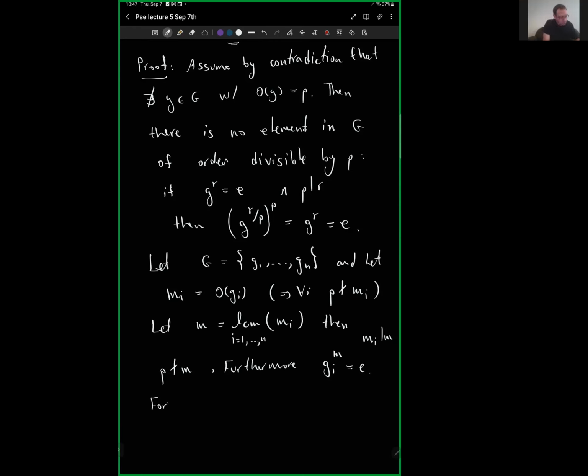Now, for a natural number n, I write g to the minus n to be g to the minus 1 to the power of n.